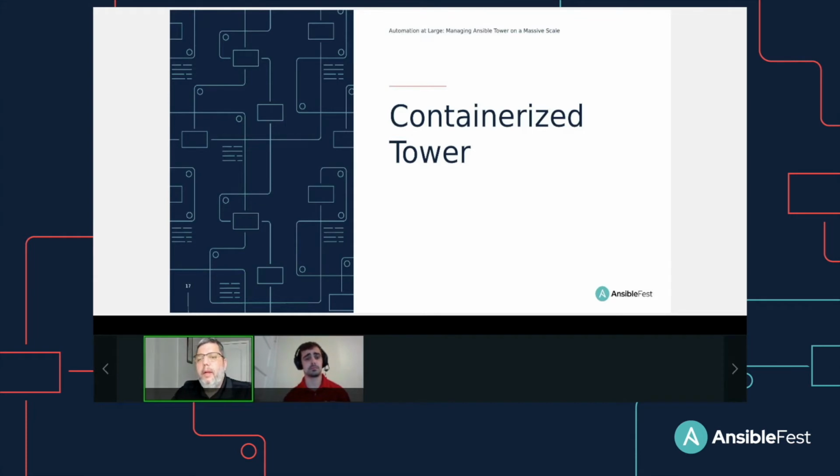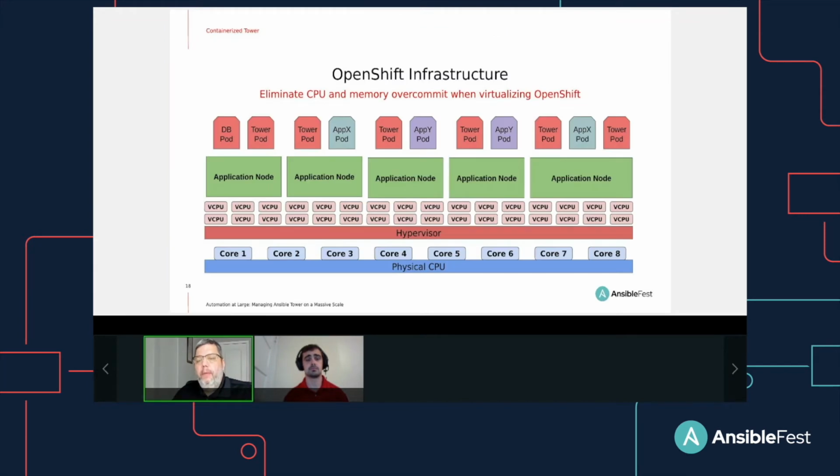All right, now let's talk about running Tower in a containerized environment like OpenShift. Here we have an architecture of an OpenShift cluster with application nodes where we're running on a physical server with 8 CPU cores, but there are 32 virtual CPUs configured in the hypervisor layer.